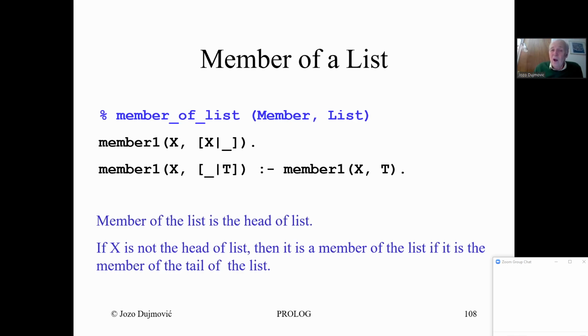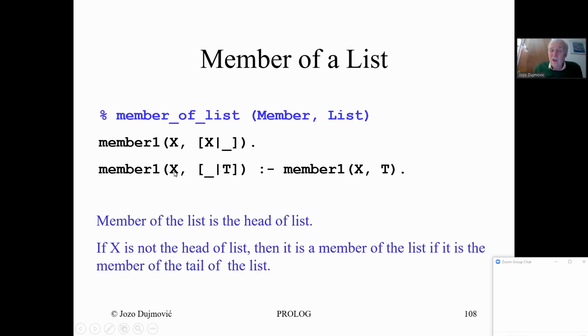Excellent. Why? Because if this X is equal to this head of the list, you would succeed already here and say, yes, it is the member, and stop the program. So once you arrive at the second line, that means you failed the first one. Therefore, X and this head of the list are different.